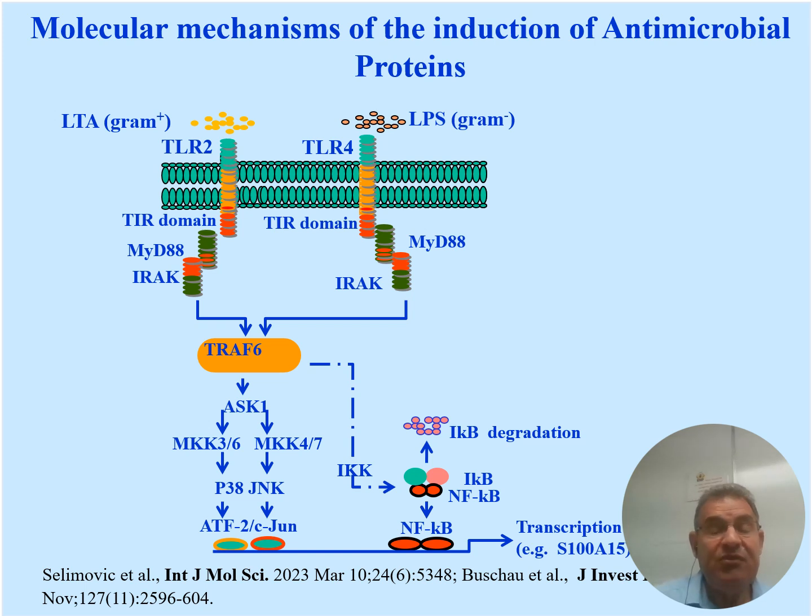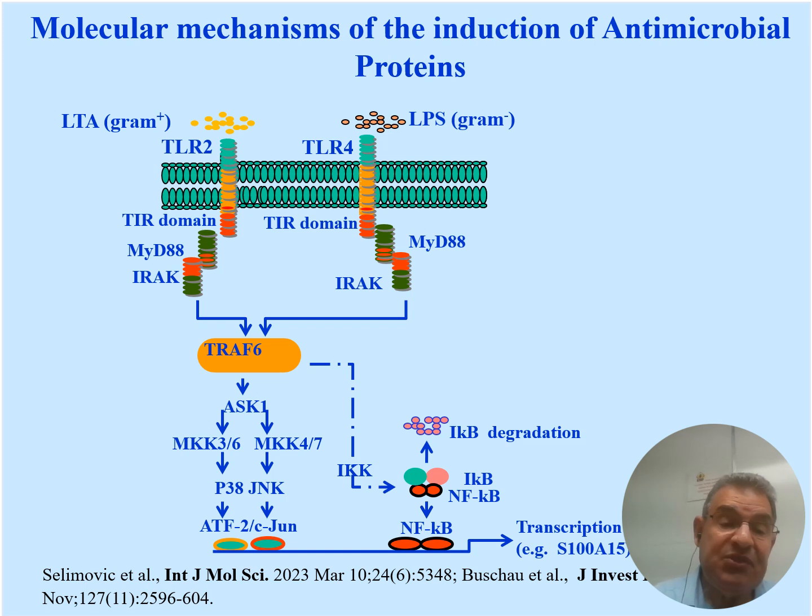We come back to our model, and you see the stimulation of toll-like receptor 4 and 2 led to the activation of three parallel pathways. The first one is already mediated through TRAF6.